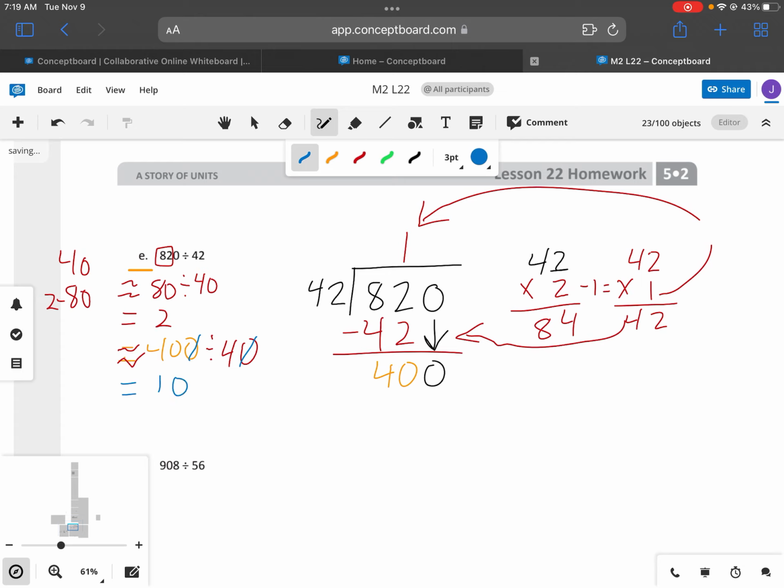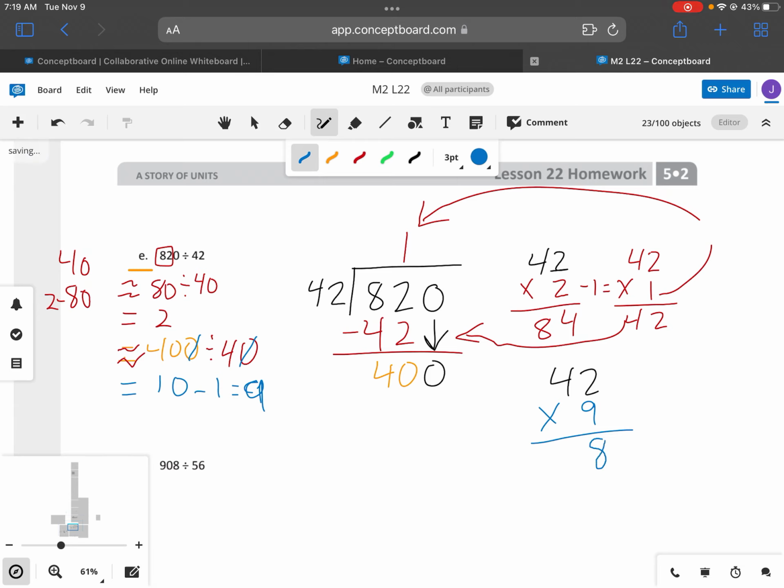We can't use 10. It has to be a one-digit number. So I'm going to subtract 1 and make it 9. So I'm going to take my 42, I'm going to multiply it times 9. You should also see if we did multiply it times 10, it would be 420, which would be too much.